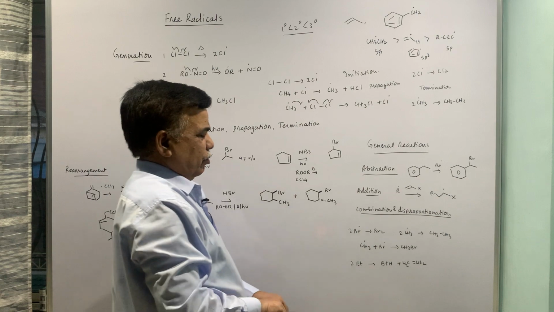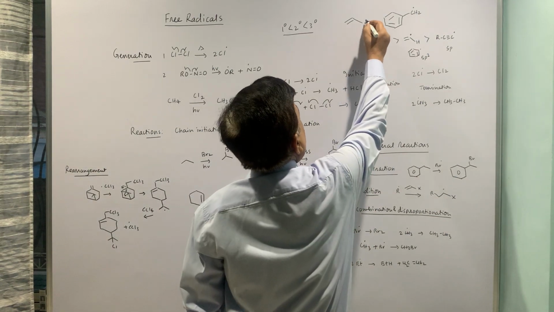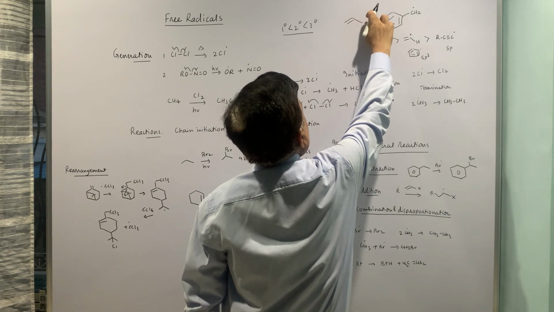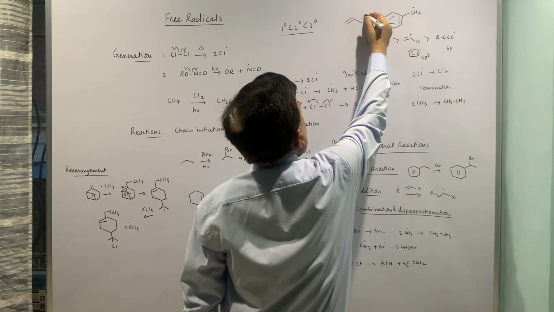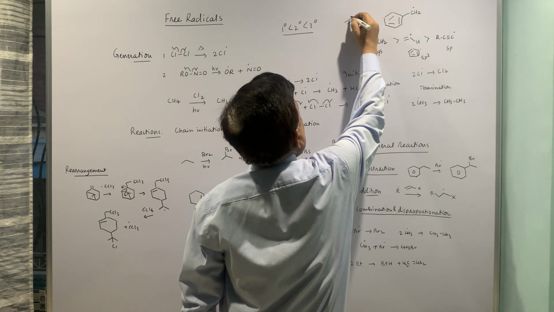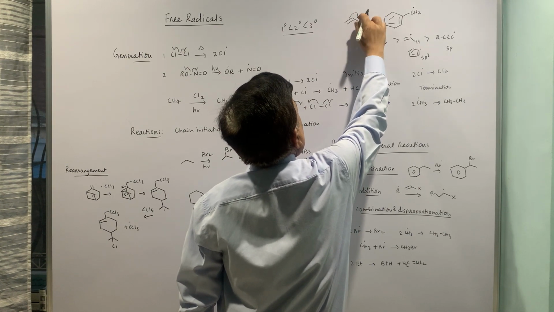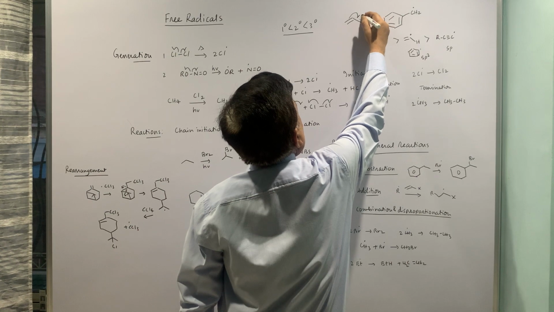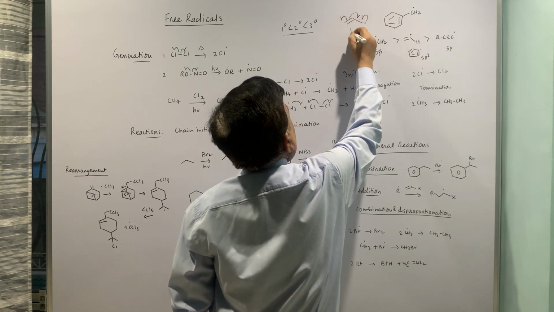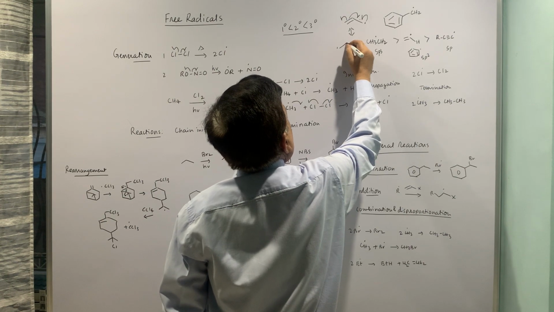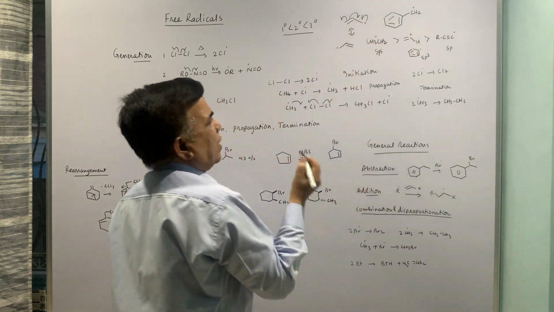Now here you can show the delocalization. Once again you have to use fish hook arrows. I'll just draw it nicely. It has to start from here, and so you can draw the resonating structure here, and so on.